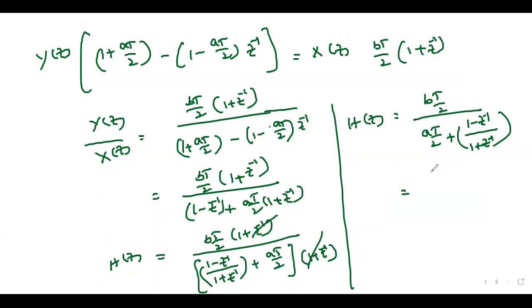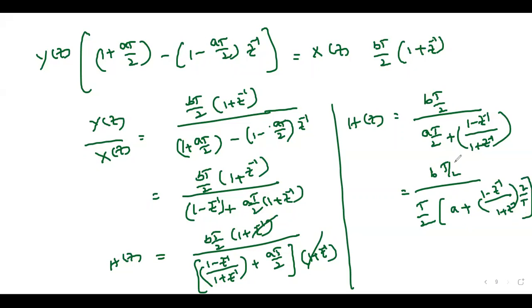So bT by 2 divided by T by 2 we will take common. So it will be written like a plus 1 minus z inverse by 1 plus z inverse into 2 by T, we should write here to cancel it. So this is cancelled. Then it's looking like b divided by 2 by T into 1 minus z inverse by 1 plus z inverse plus a.